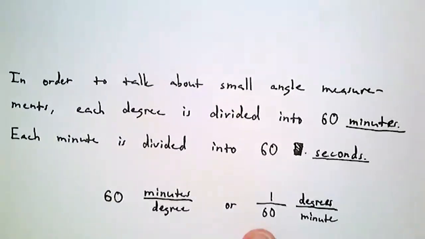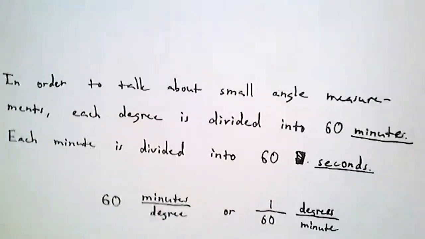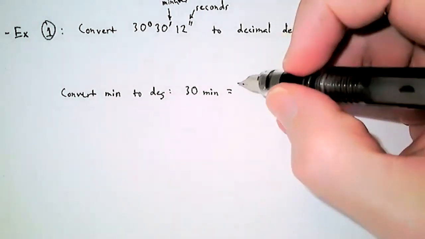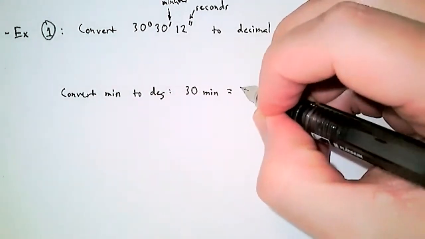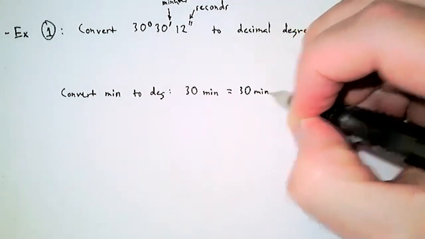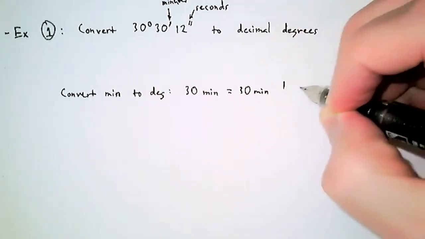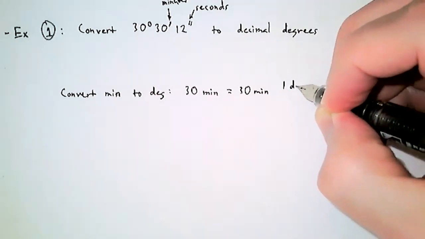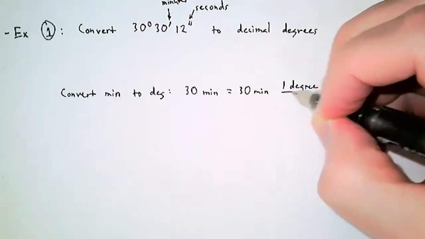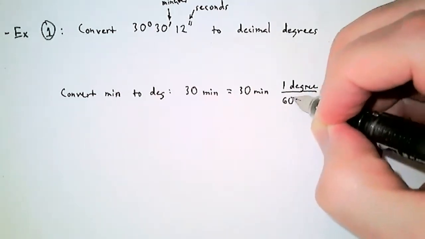So I know there's 1/60 degrees per minute. So that's what I'm going to multiply in order to convert to degrees. I'm going to multiply by 1 degree per 60 minutes.